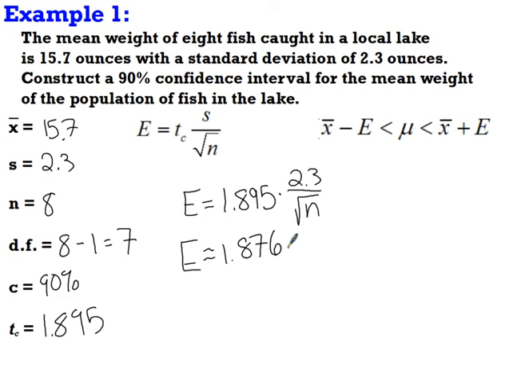So I'll take my sample mean of 15.7 minus that error. And I'm going to take the sample mean of 15.7 and add that error. And that's going to give me my confidence interval.